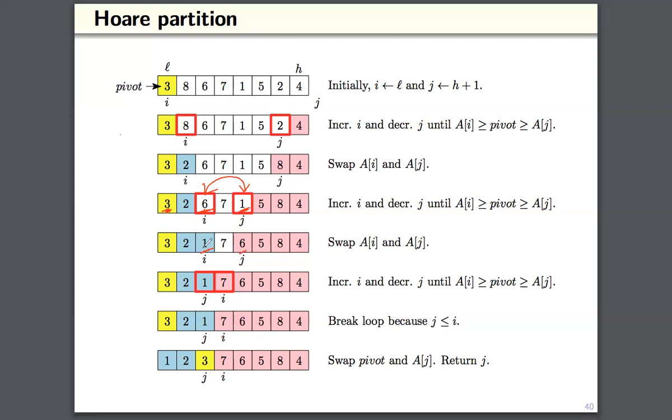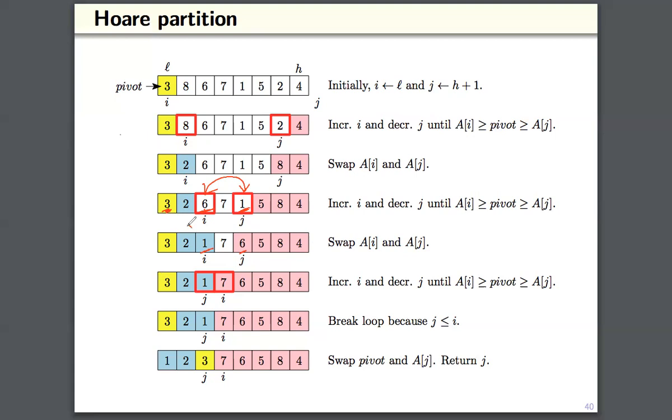Look at the order of these blue and red cells. Remember, in Lomuto partition, we were scanning from left to right, and the blue subarray was increasing in size, the red subarray was increasing in size. But here in Hoare partition, we are incrementing I from the left and decrementing J from the right.